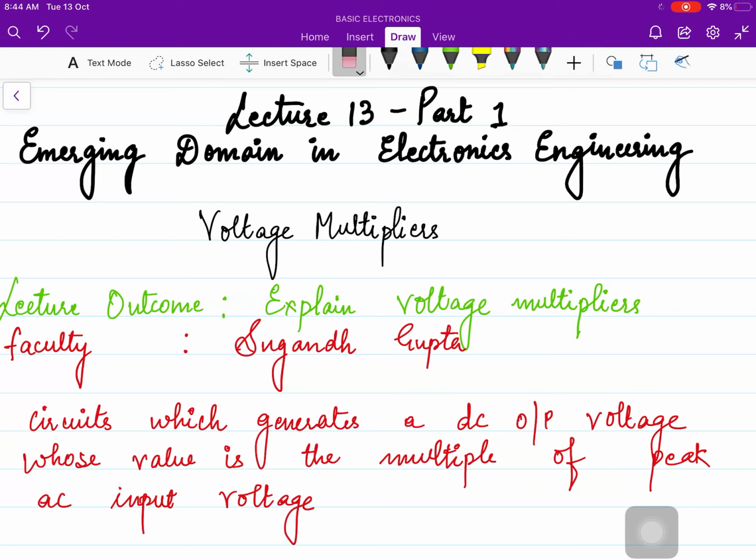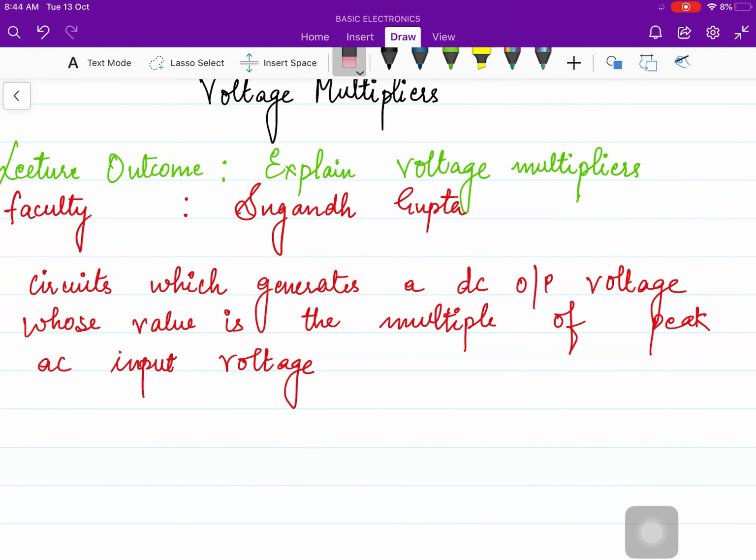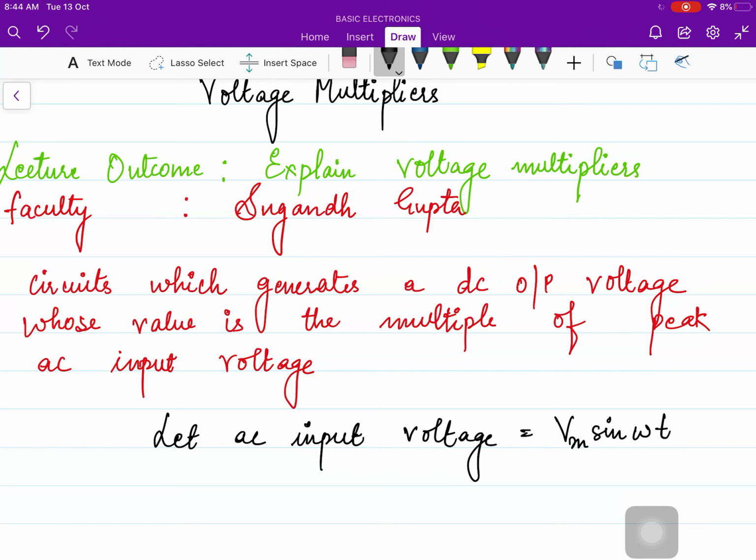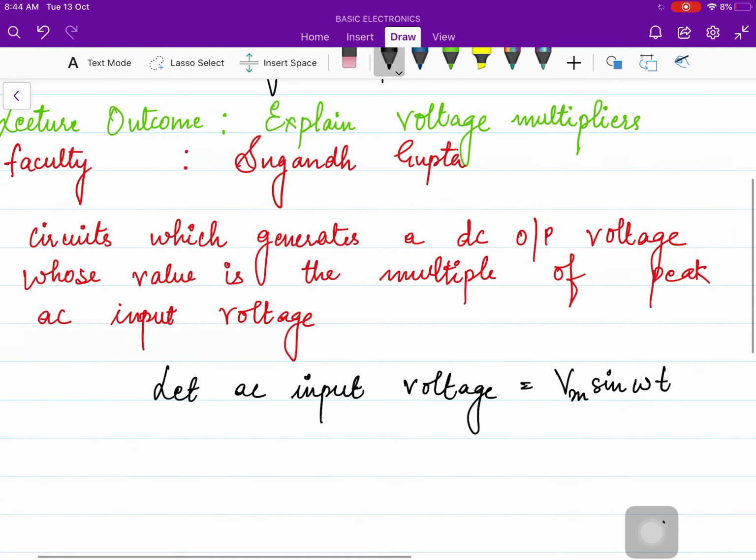So if you have given an input AC voltage like Vm sin omega t, this is how we write the expression of an AC voltage.